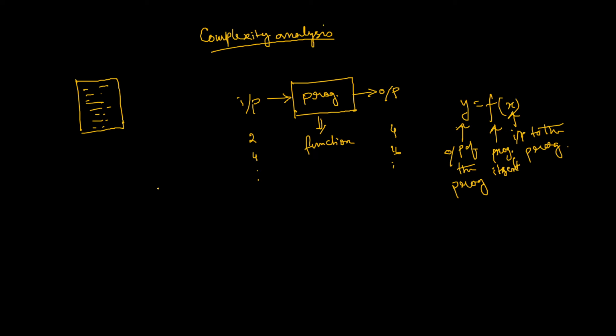So let's take two functions that represent two different programs. For example, function 1 is f1(n), where n is the number of inputs. Suppose the representation of this function is 100n, and f2(n) is n square.